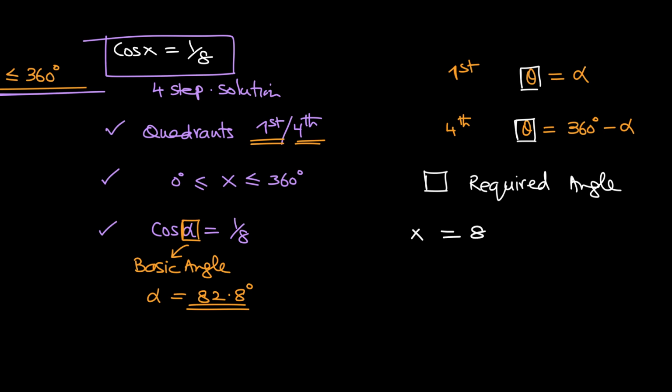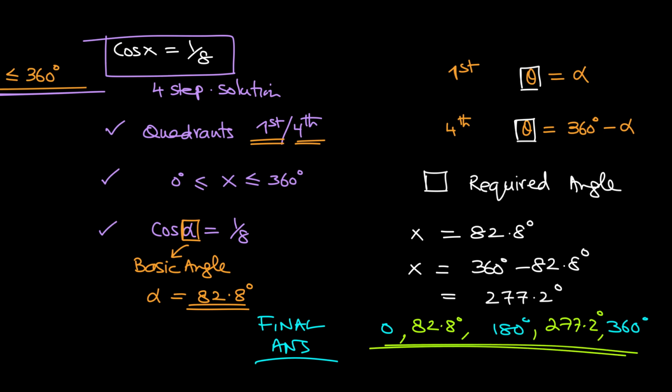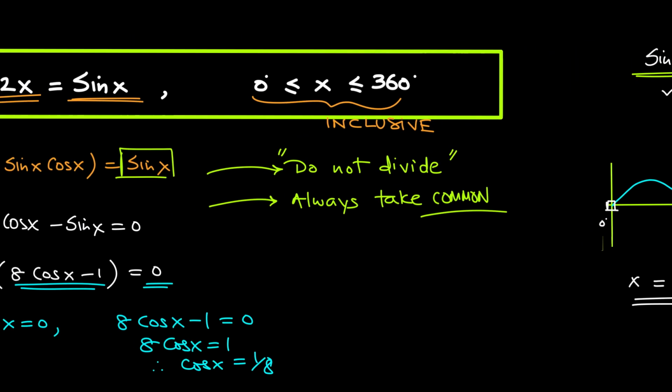So x equals alpha, that is 82.8 degrees. x equals 360 minus 82.8 degrees, which comes out to be 277.2 degrees. So the final answer should be written in ascending order. 0, then 180 degrees, and 360 degrees. And in between, you can fit in 82.8 degrees and 277.2 degrees. So these are the 5 answers for this question.